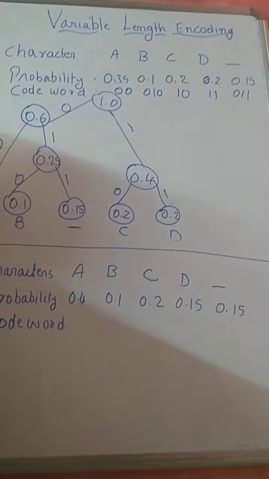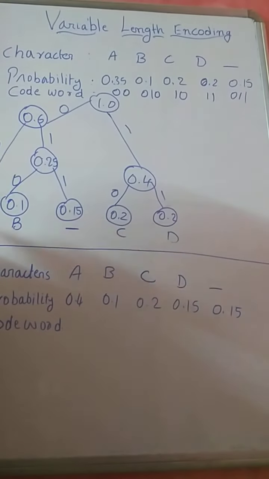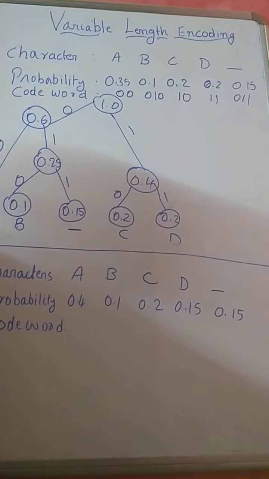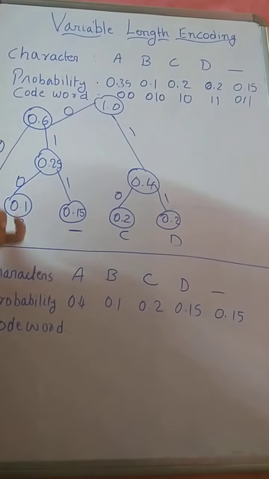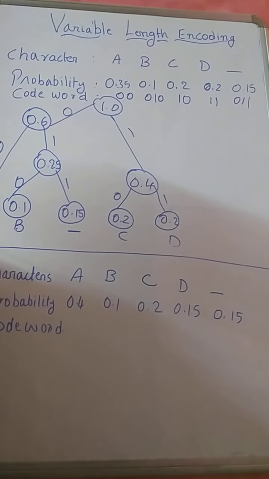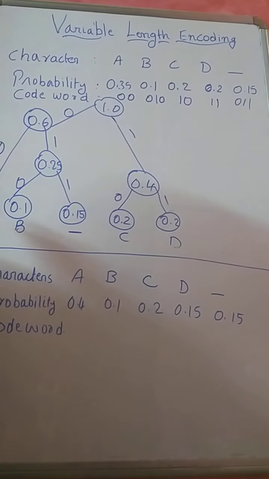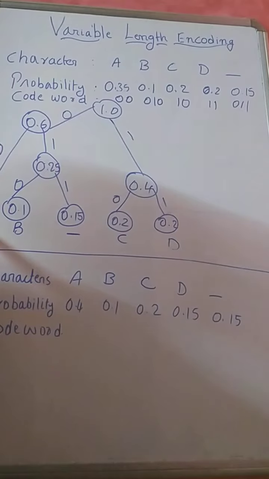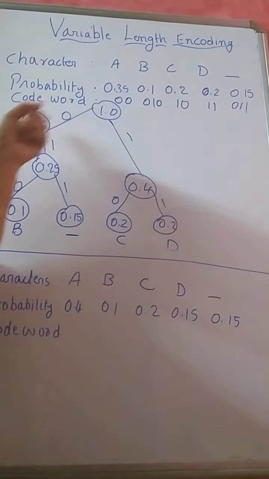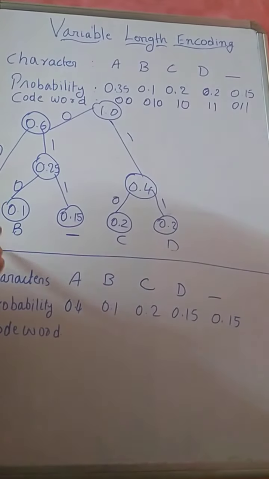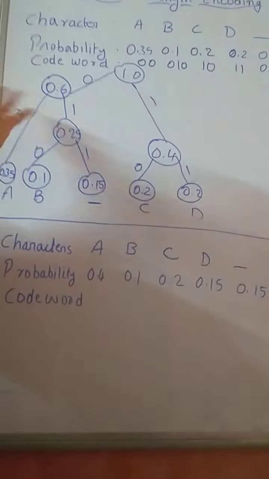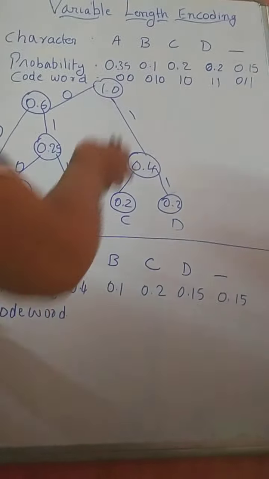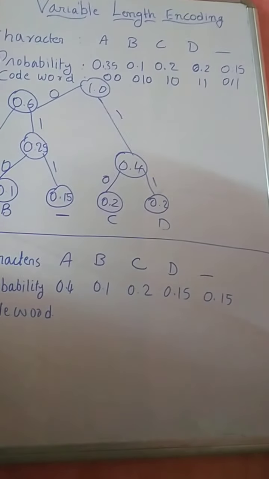At that moment you stop and give the labels for the edges. Whenever we move towards the left it is 0, towards the right it is 1. Now in order to generate the code word, you start with the root node and reach the leaf node. Along that path, whatever edges you traverse will be the code word. Okay. So this is how the Huffman tree will be generated.